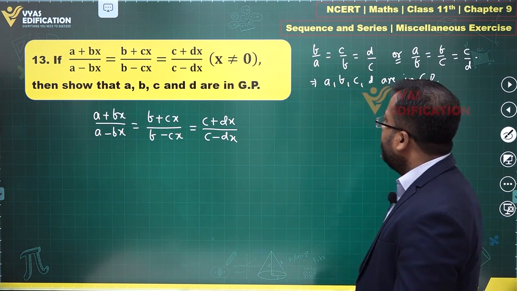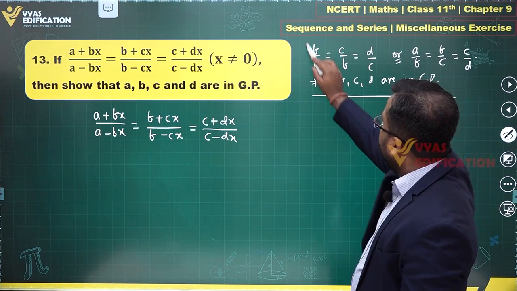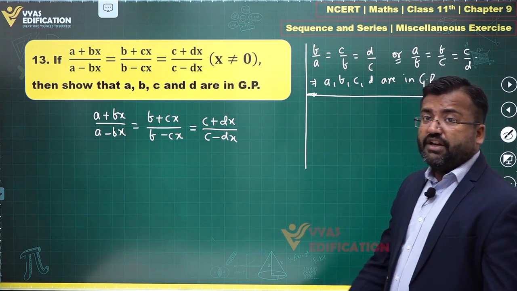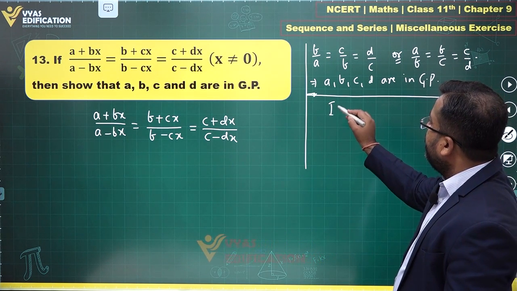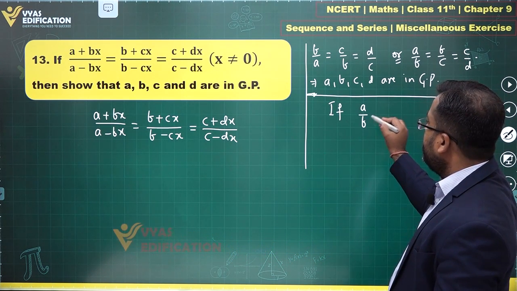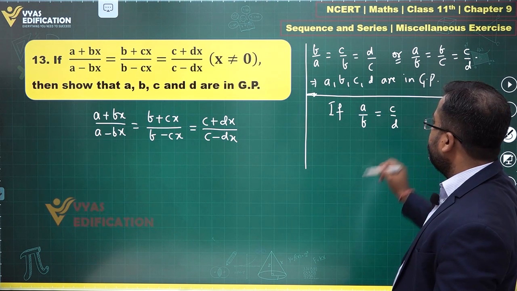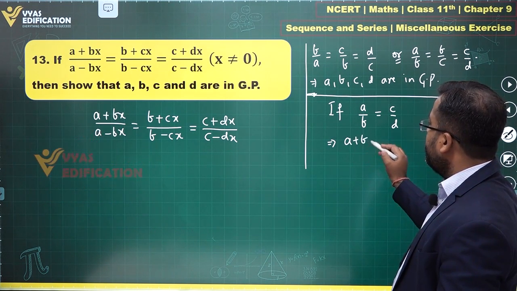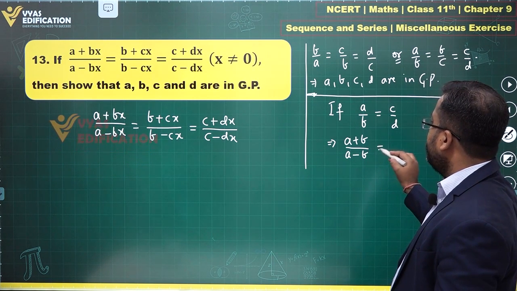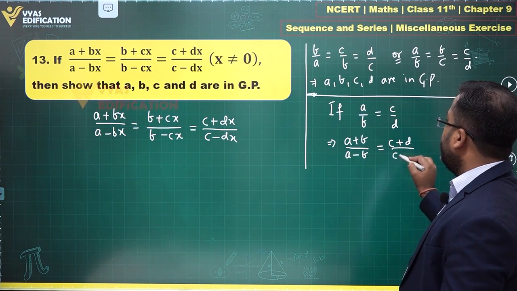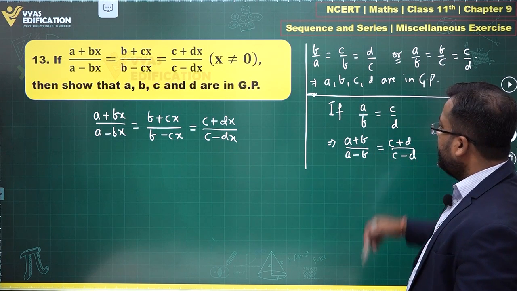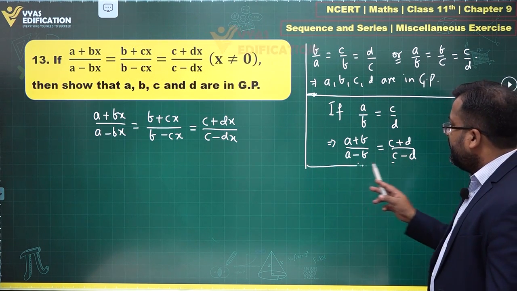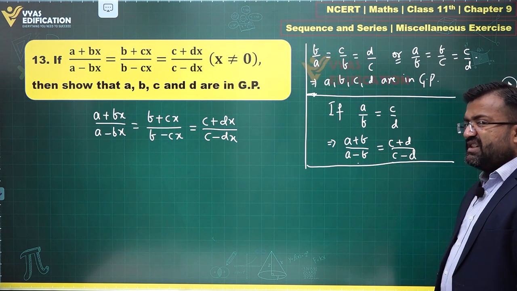What does componendo and dividendo say? This is a concept borrowed from the topic ratio and proportion. If a/b = c/d, this implies that (a + b)/(a - b) = (c + d)/(c - d). A similar step on the left-hand side and right-hand side will make the two ratios still equal.